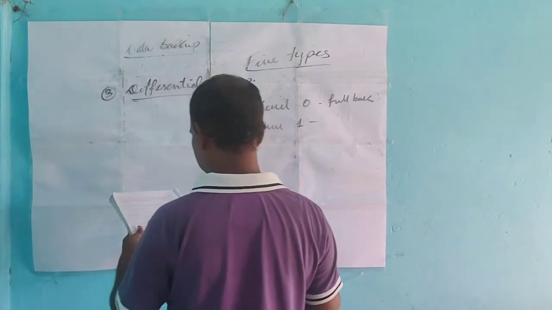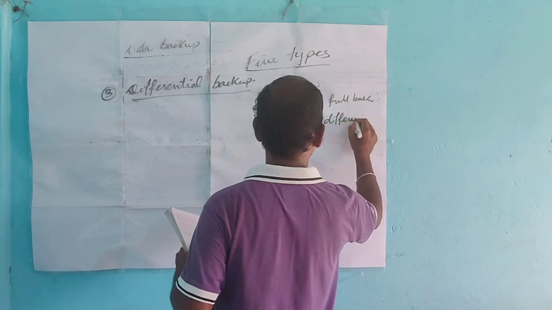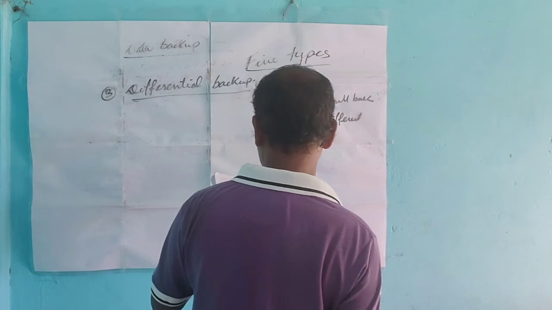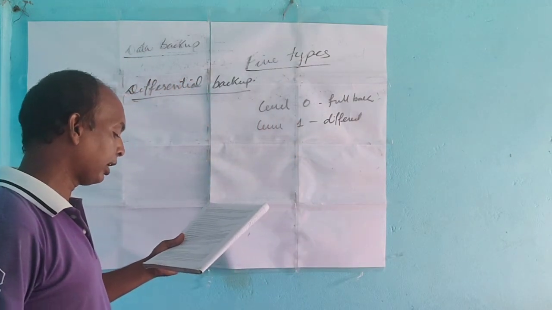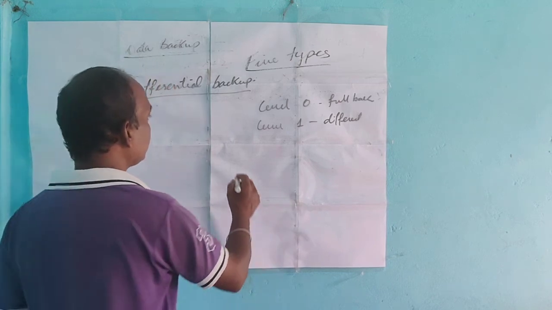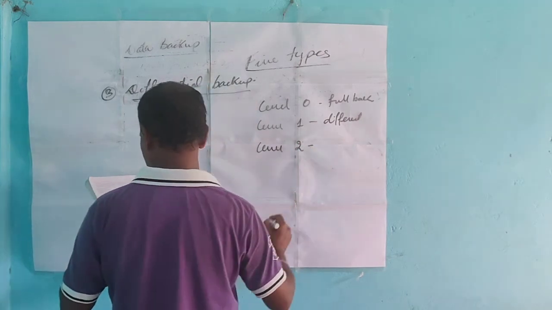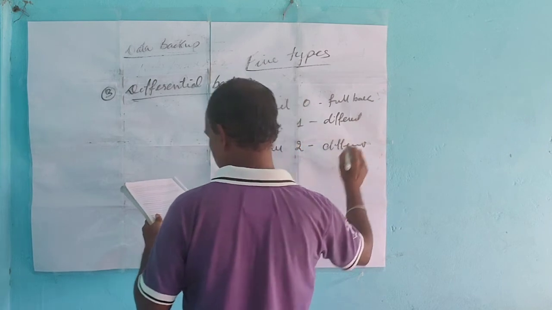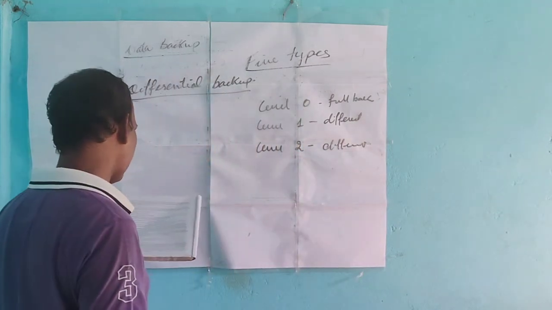Level 1 differential backup means backup everything that has been modified since the last level 0. And level 2 is also differential backup, meaning backup everything that is modified since the last level 0, and so on.